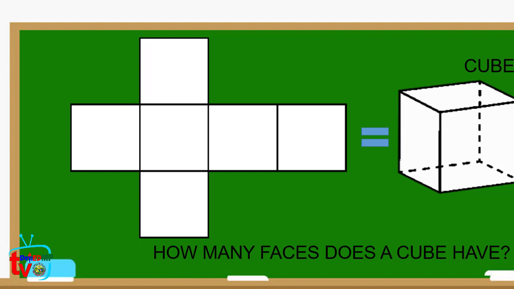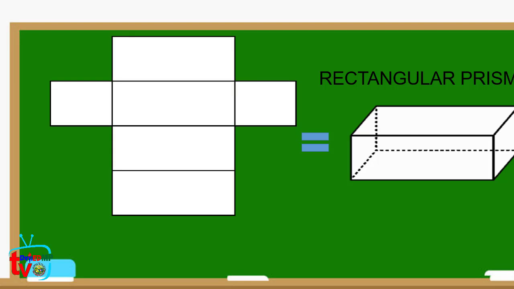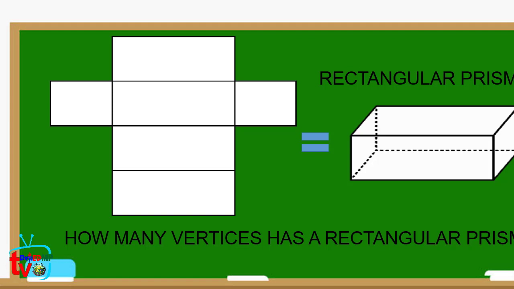How many faces does a cube have? A cube has 6 faces. Next here is a rectangular prism. How many vertices has a rectangular prism?